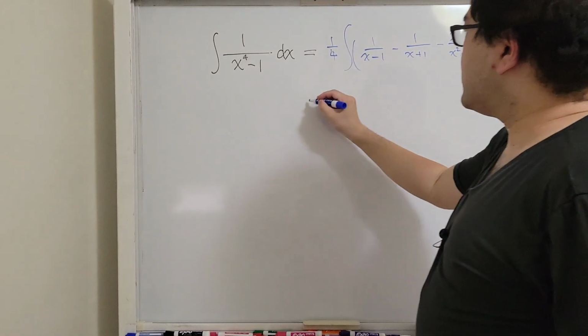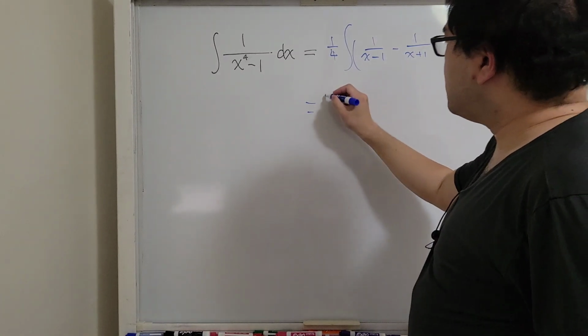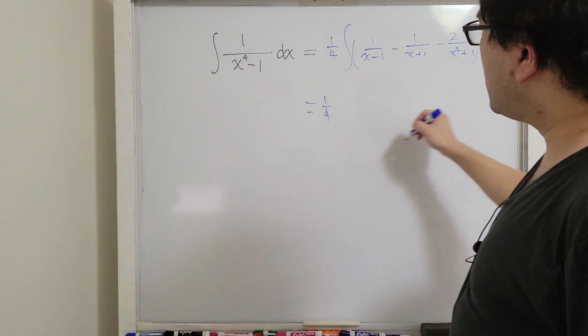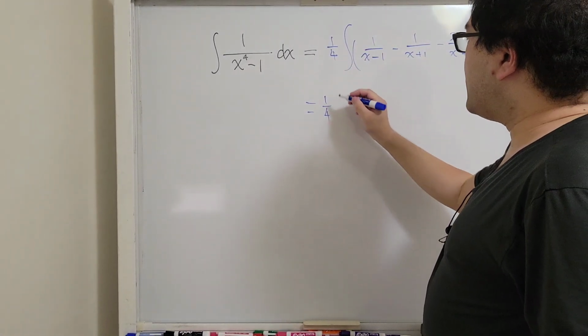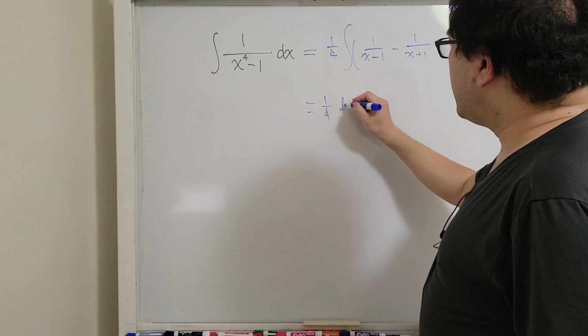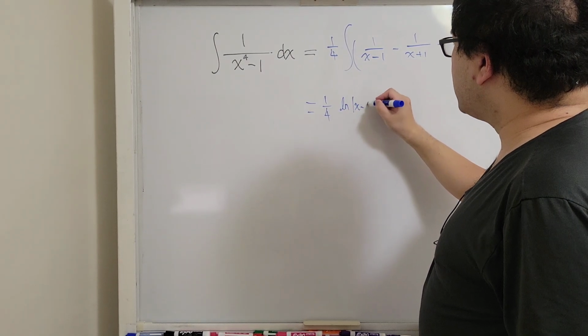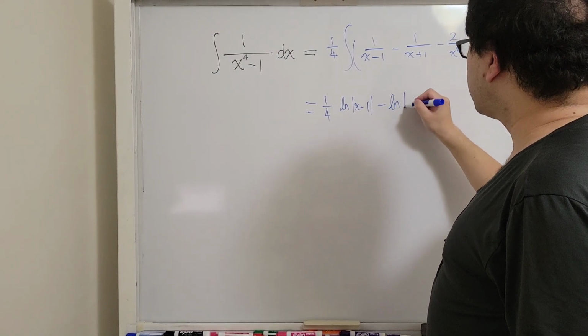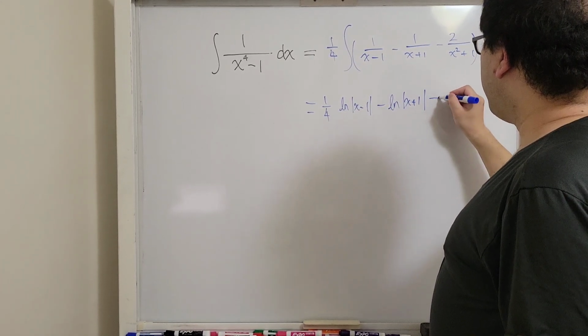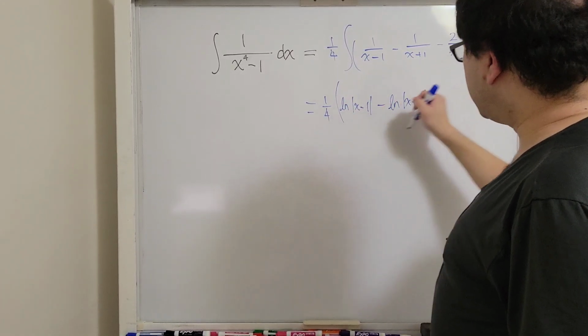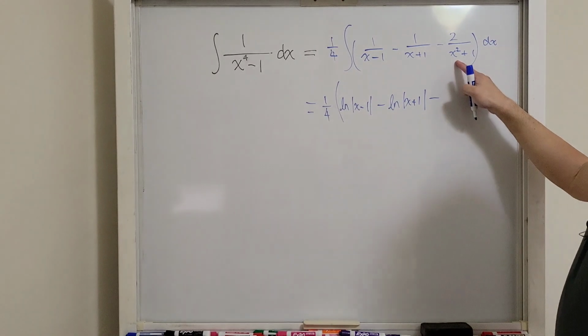We now can just take the integral of each part, so the integral of the whole thing would be 1 over 4 times ln of x minus 1 minus ln of x plus 1 minus, now we see that here the denominator is x squared plus 1.